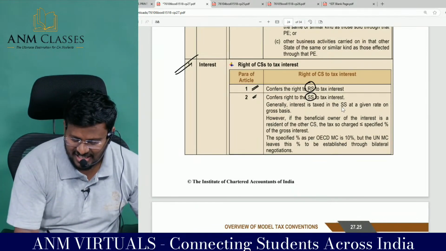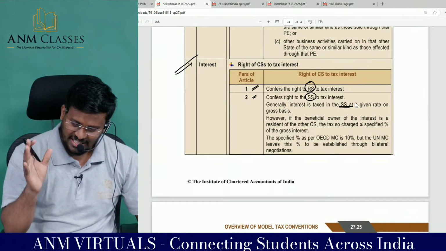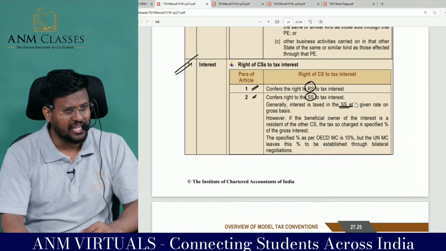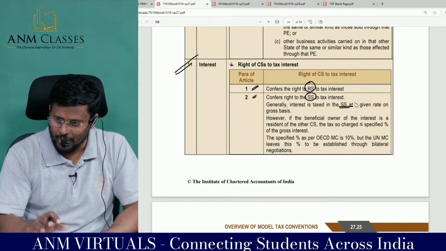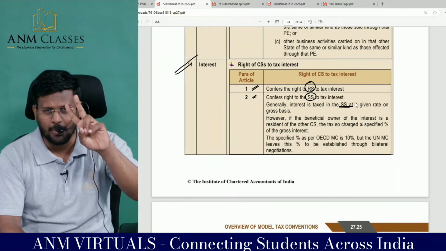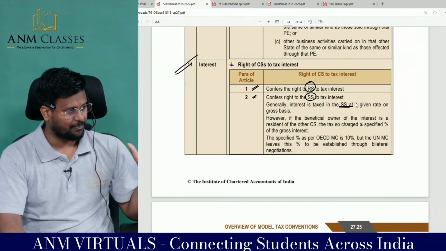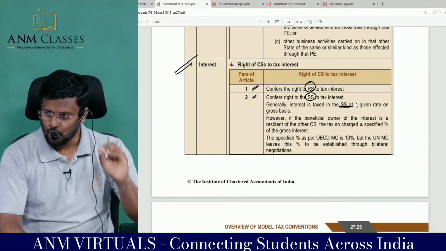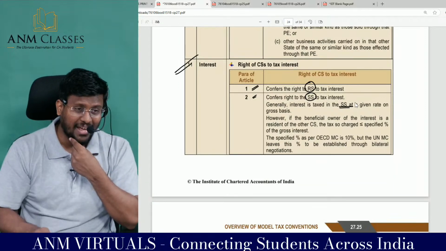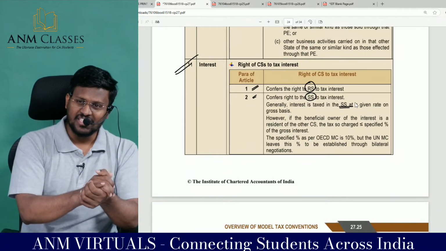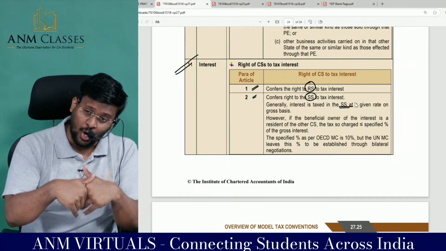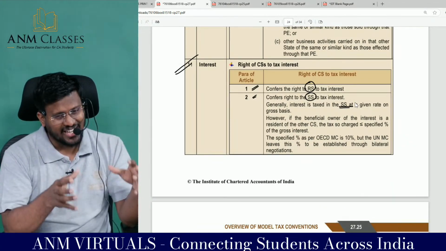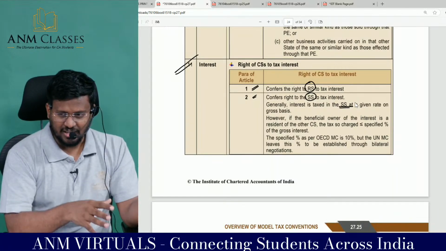Generally, interest is taxed in the source state at a given rate on a gross basis. For example, under Section 115A, non-resident, a source from India to a non-resident, the normal interest will be taxed at the rate of 20%. Para number 1 says even the resident state can tax the interest income, and para number 2 says the source state can tax it.